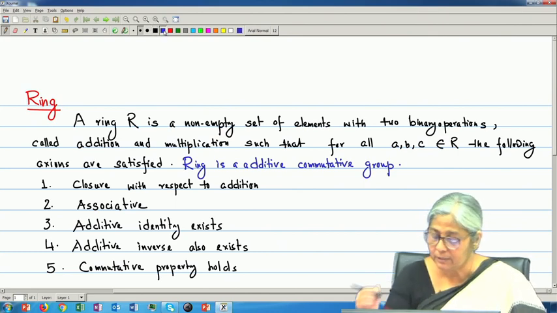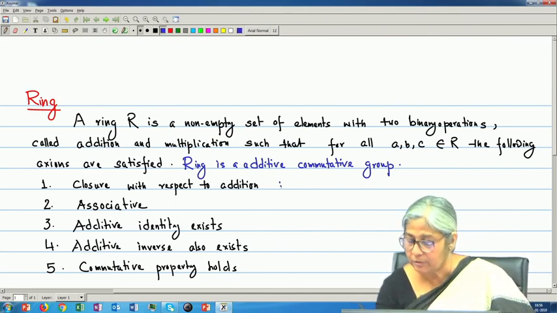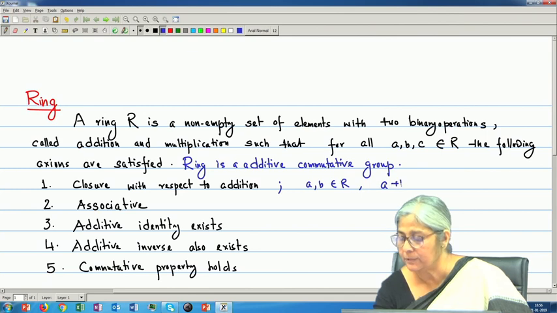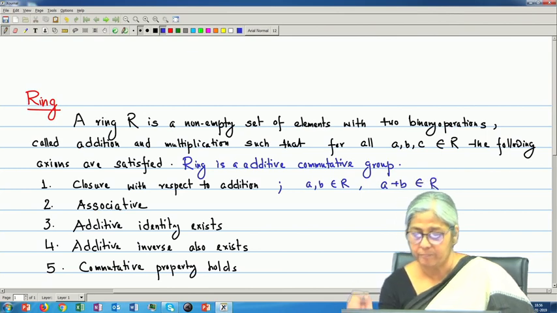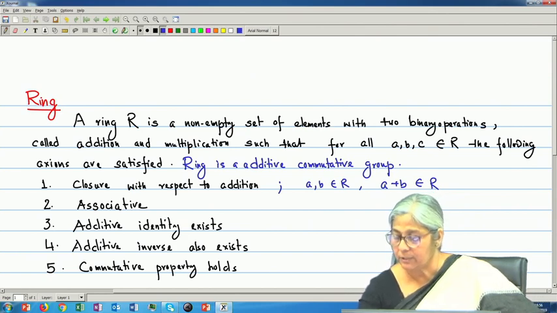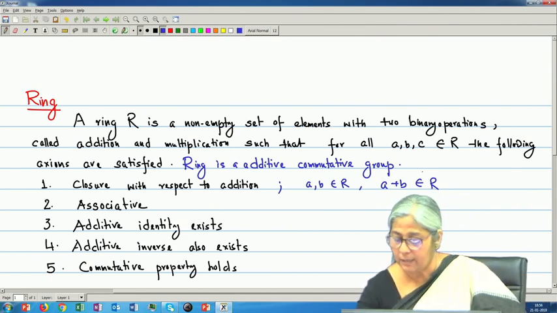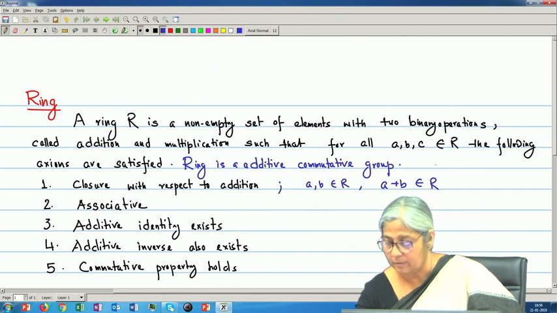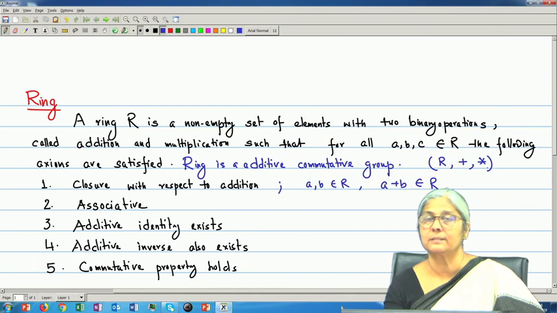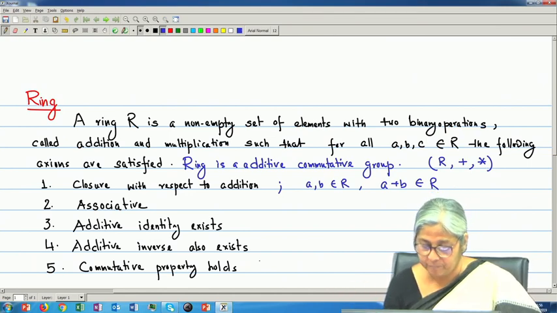If we quickly write that, closure: if A, B belong to R, then A plus B belongs to R. The notation we are taking is plus and star, so the ring we are defining is R, plus, star, where plus is addition and star is multiplication.